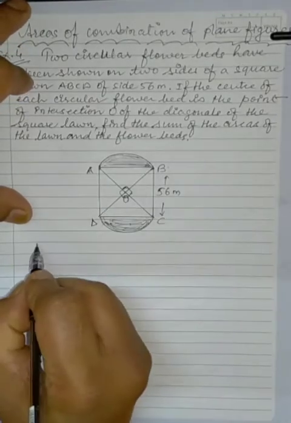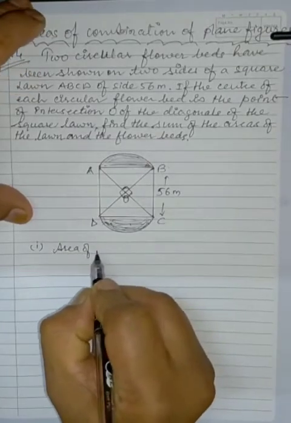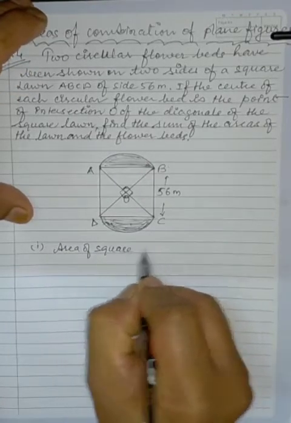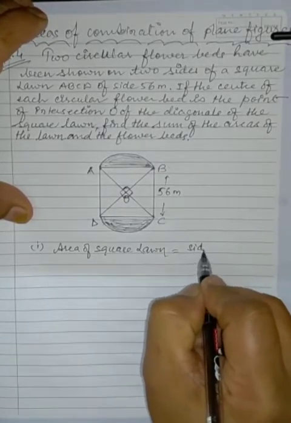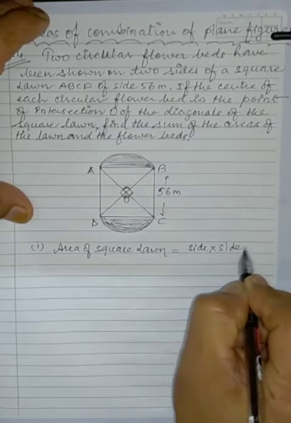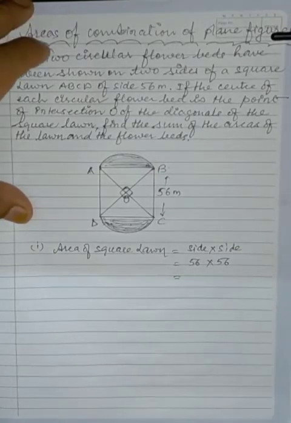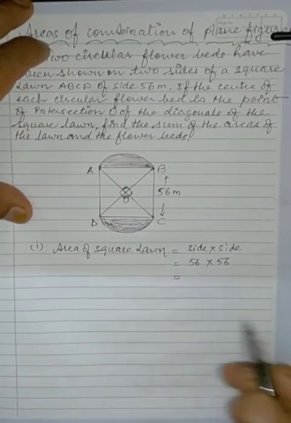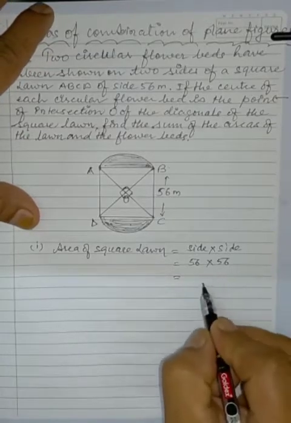So first thing, area of square lawn is equal to side into side, side square, which is 56 into 56. So let us multiply it.